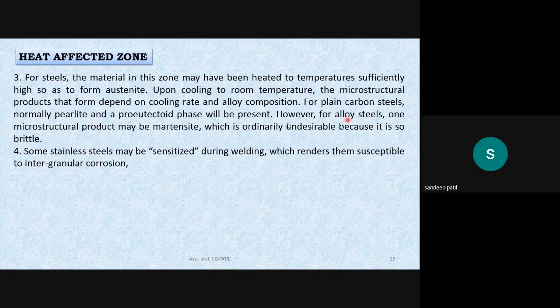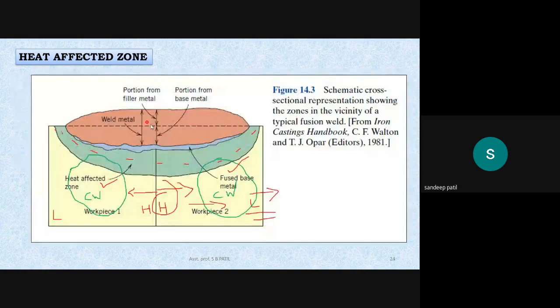However, for alloy steels, one microstructural product may be martensite, which is ordinarily undesirable because it is so brittle. So if you consider steel, in the heat affected zone there are chances of formation of the martensitic phase, which makes this part brittle.